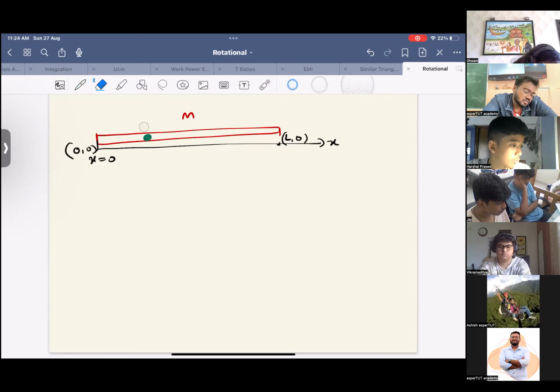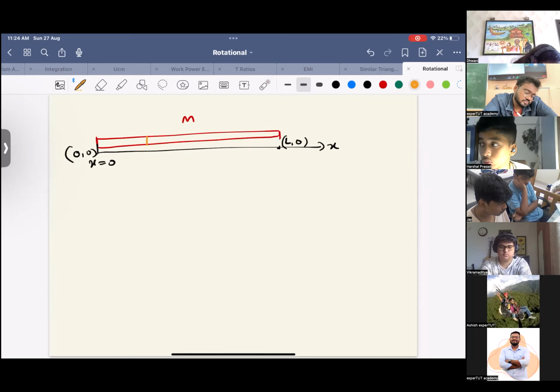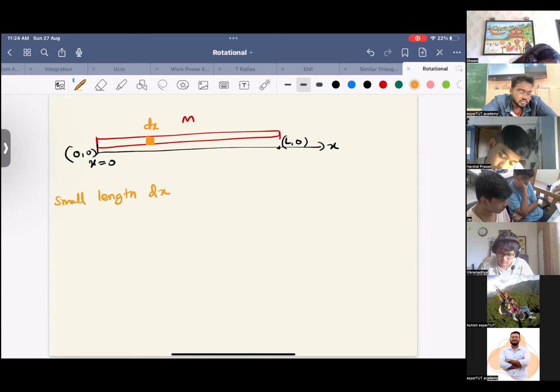You take a small length of this rod. Let's say the length is dx. Small length dx.